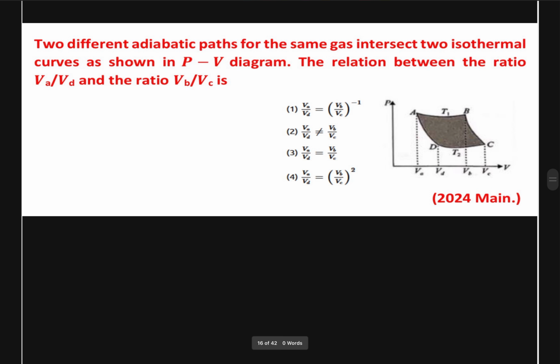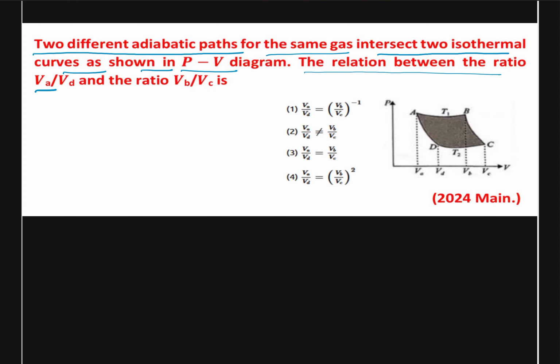It states that two different adiabatic paths for the same gas intersect two isothermal curves as shown in a PV diagram. The relation between the ratio of VA upon VD and ratio of VB upon VC is. So we are given two isothermal curves, AB and CD, and adiabatic curves AD and BC.